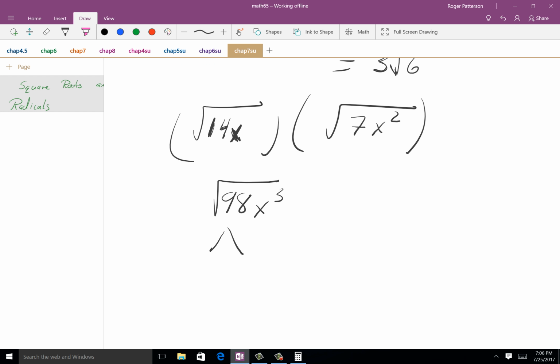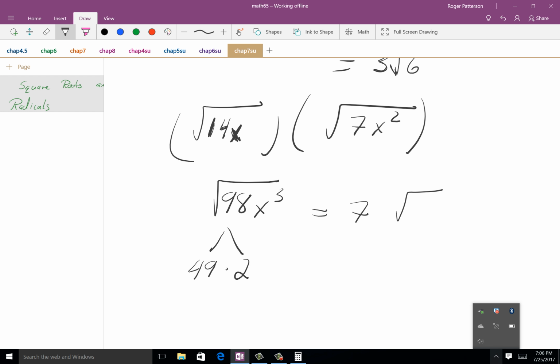Anybody find it yet? 49 goes in there how many times? 2. Very good. So, let's work on this. What are we going to get on the outside? 7's going to go on the outside. Okay, good job.